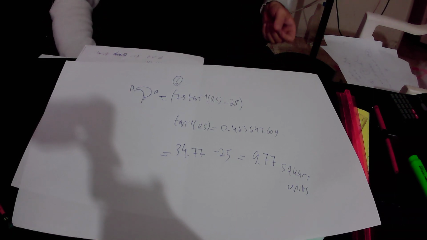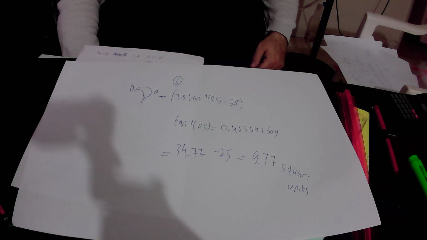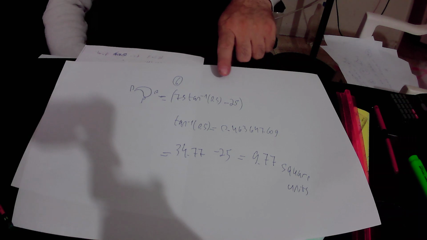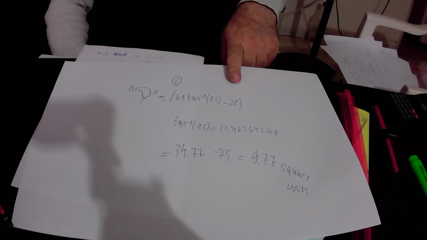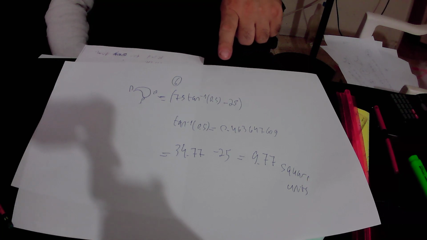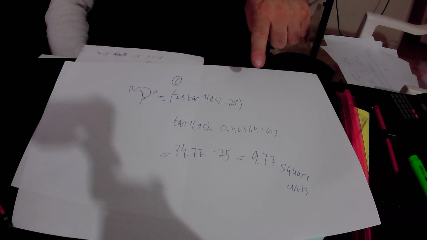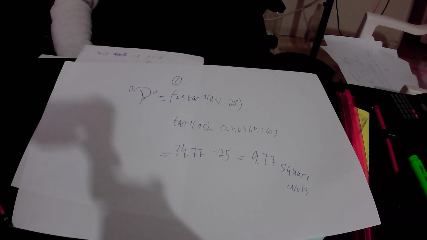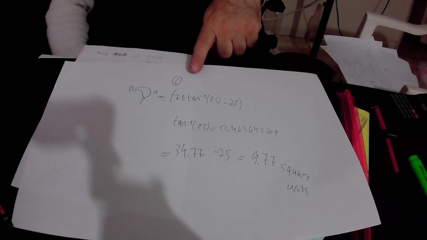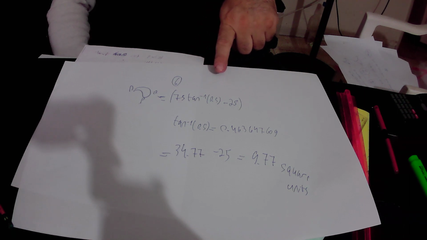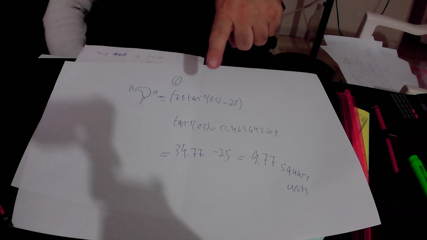So in conclusion, we found out that the area of the blue shape equals 75 times tan⁻¹(0.5) minus 25, and we know that the value of tan⁻¹(0.5) is 0.46. We multiplied by 75 and found that 75 times tan⁻¹(0.5) equals 34.77.